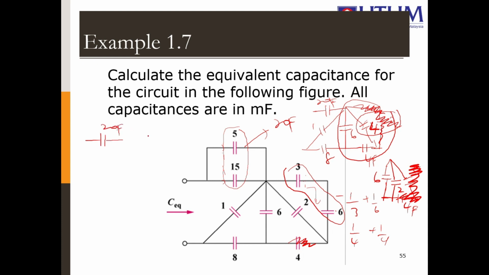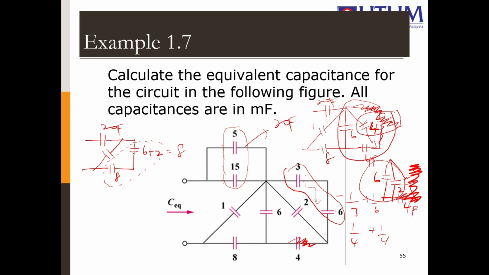This is your 20 farad, and this is your 1 farad. Down there you have 8. Over here just now you have 6 and 2 in parallel, so this area you will get 8 farad, 6 plus 2. Now you can see that you have 8 and 8 in series. 8 and 8 in series gives you 64 divided by 16, you get 4.